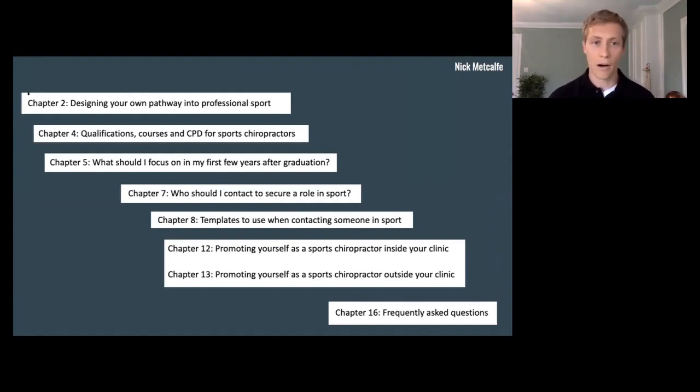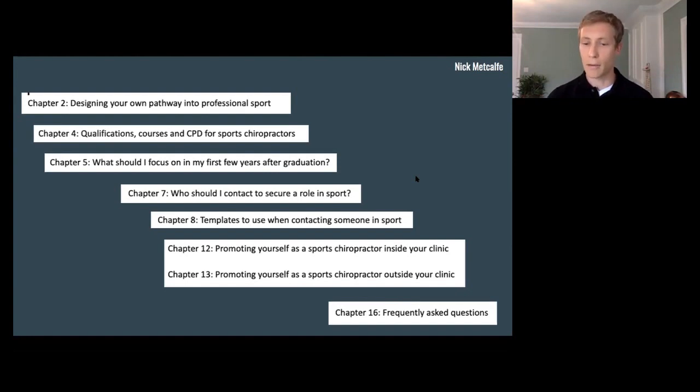Designing your own pathway into professional sport, qualifications, courses and CPD that might be recommended to do, what you need to focus on as soon as you graduate, who should I contact if I want a job in sport, how do I contact them, how do I promote myself as a sports chiropractor, frequently asked questions, all these types of things. So I think this will really provide value to our members, particularly the newer, younger members.